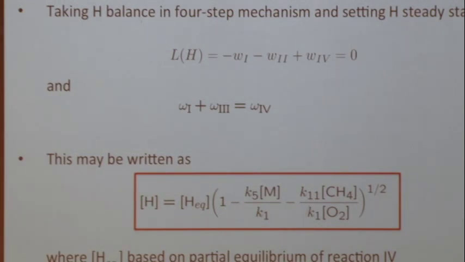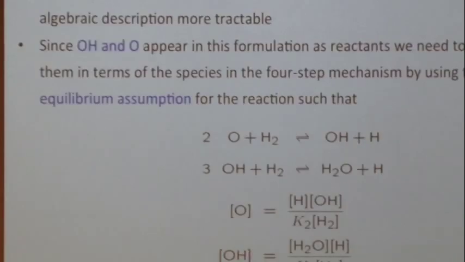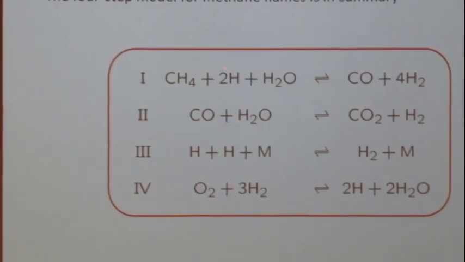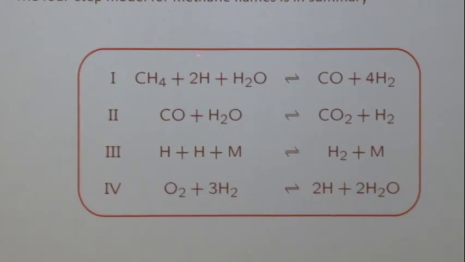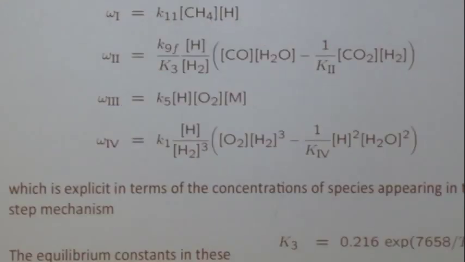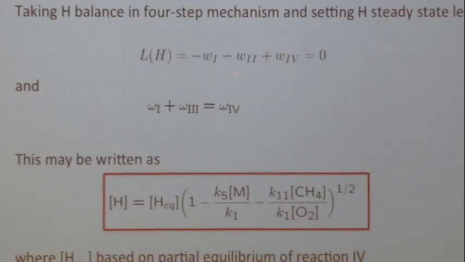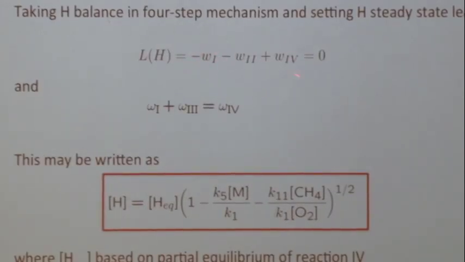On the right-hand side you have the reaction term. And if you look at this mechanism, the reaction rate is minus 2 times W1, minus 2 times W3, plus 2 times W4. That would be the reaction rate for the H radical. That's shown here, where the factor of 2 is skipped.